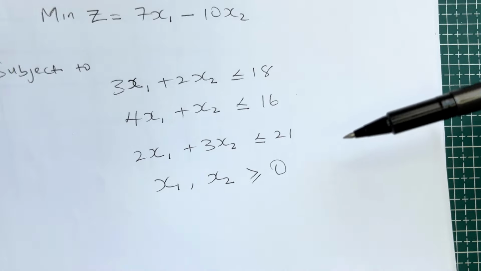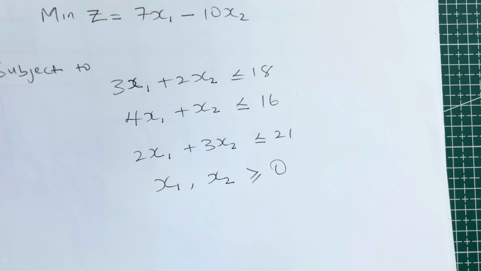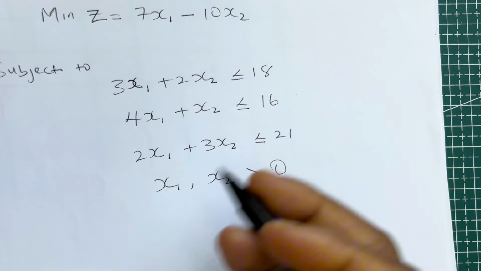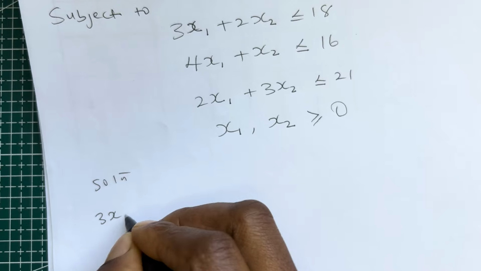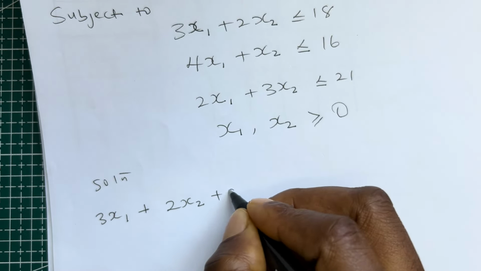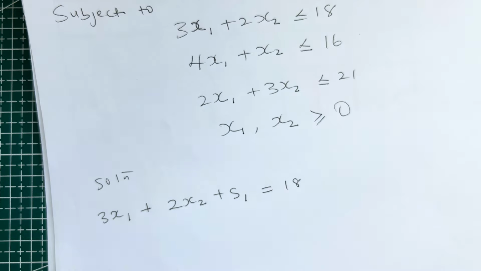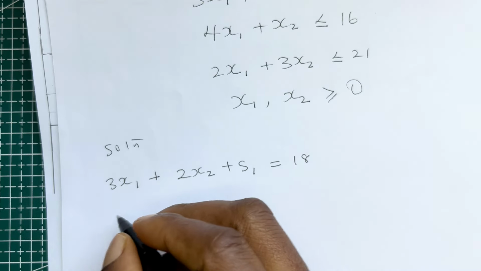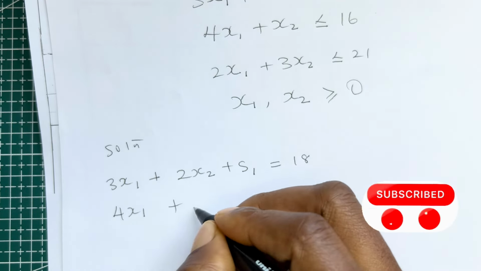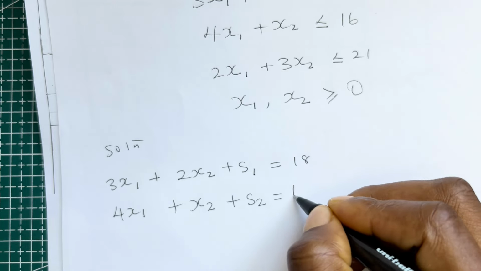To solve this problem, we need to convert the inequalities to equations and also add our slack variables. For the first constraint, we have 3x1 plus 2x2 plus s1 equal to 18. For the second constraint, we have 4x1 plus x2 plus s2 equal to 16.